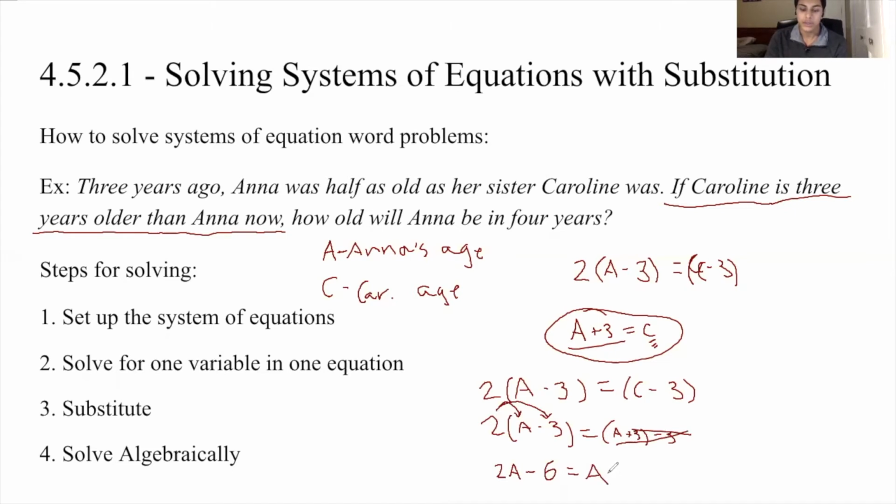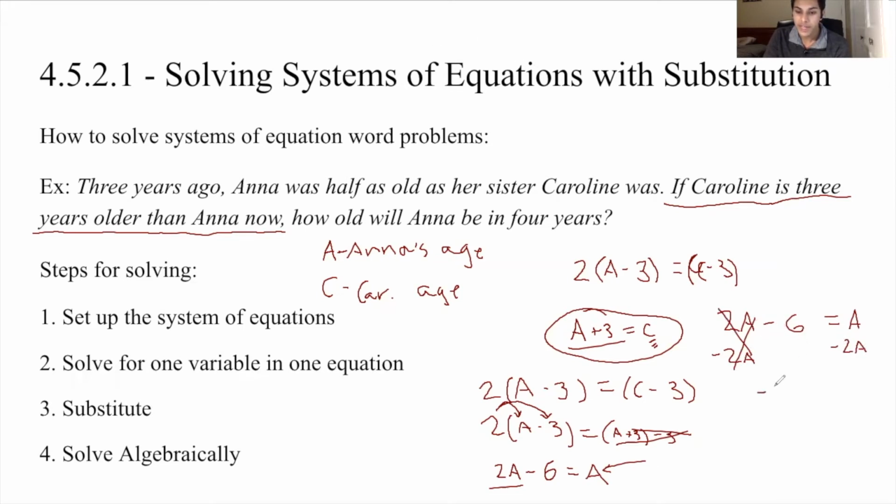Okay, cool. So now we need to isolate the variable. We can do this by subtracting the 2A from this side, because we want A on that side on its own, and subtracting 2A from both sides is the easiest way to do that. I'll write the equation up here, so it's a little bit easier to see. 2A minus 6 equals A. If we subtract that 2A from both sides, because this is a positive 2A, these cancel out. And you need to make sure to keep this minus sign, because it's a negative 6.